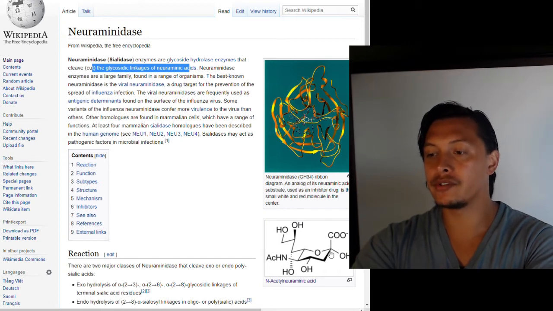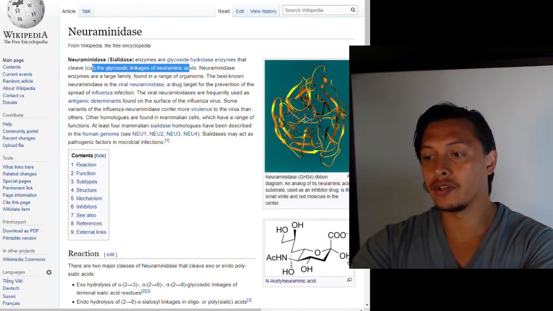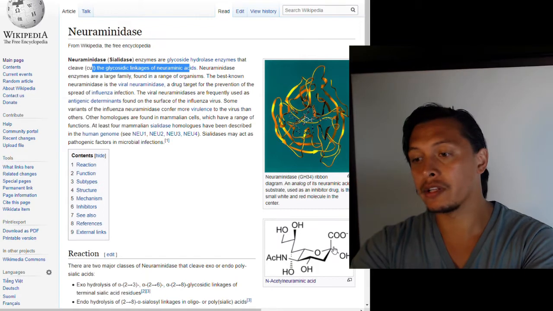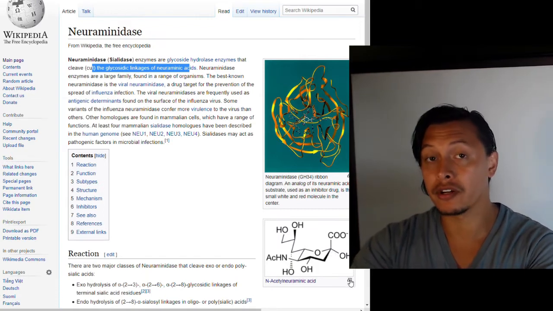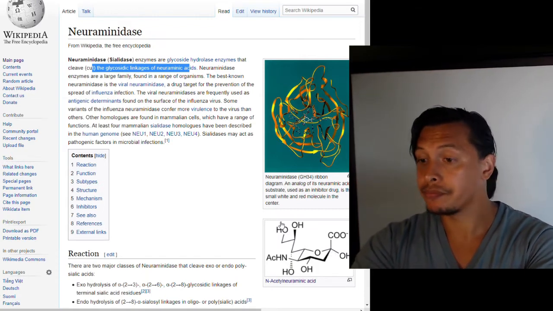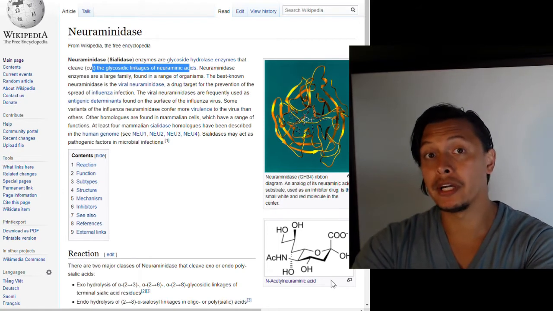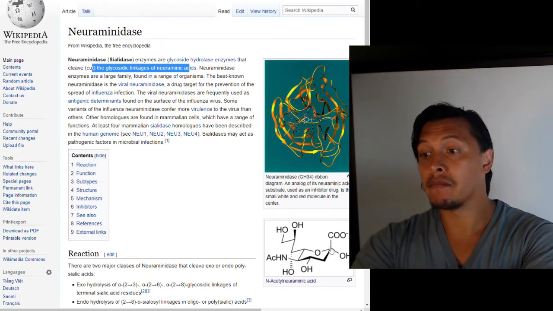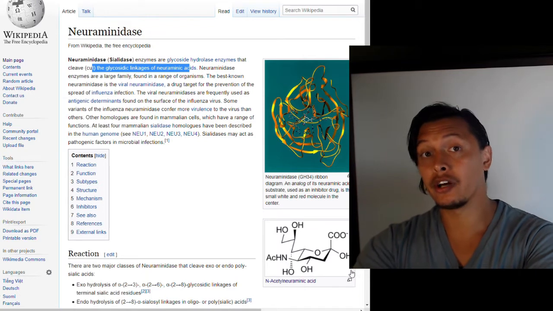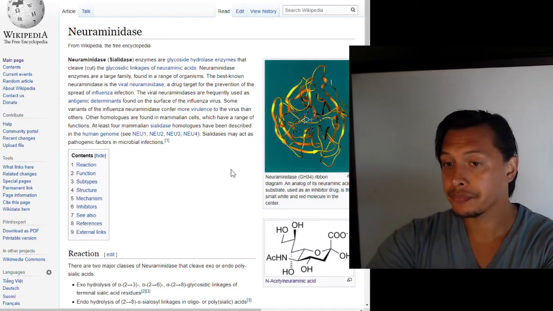What I should say is that this carbon connected to this oxygen could theoretically form another bond with a different oxygen or nitrogen. If it forms a bond with nitrogen, that would be an N-glycoside. If it forms a bond with a new oxygen, that would be an O-glycoside.